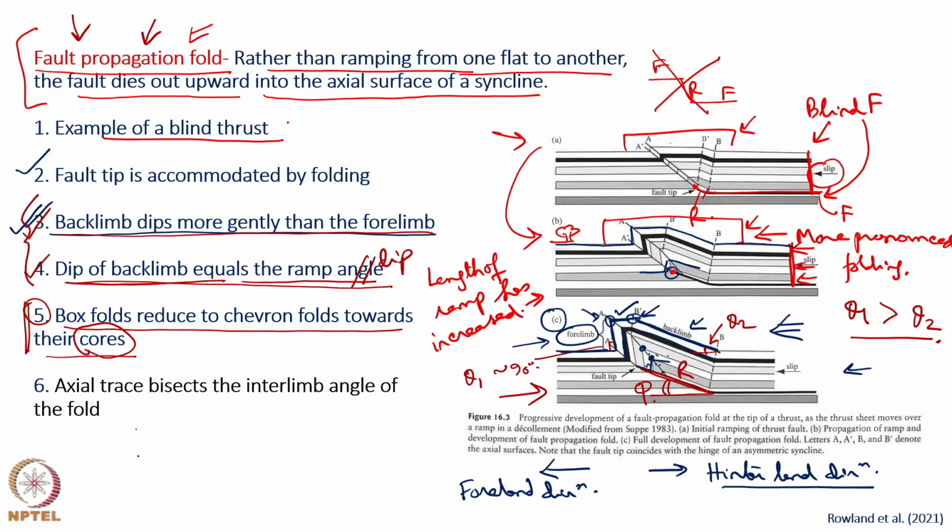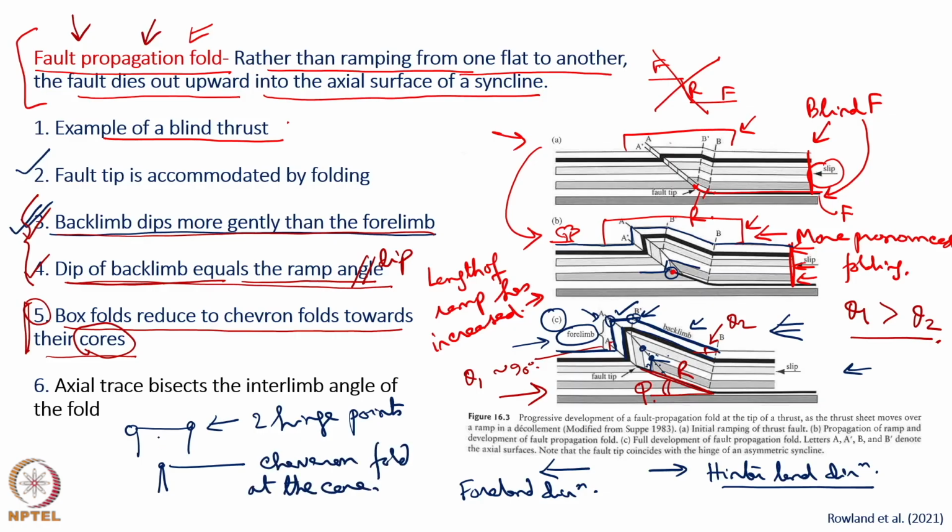So, a box fold with two hinge points reduces to a chevron fold at the core. The fold geometry changes as one goes from the fold's periphery towards the core. This is the meaning of this statement.